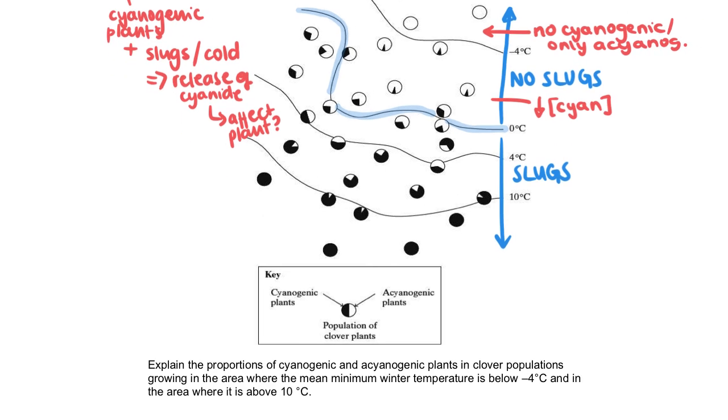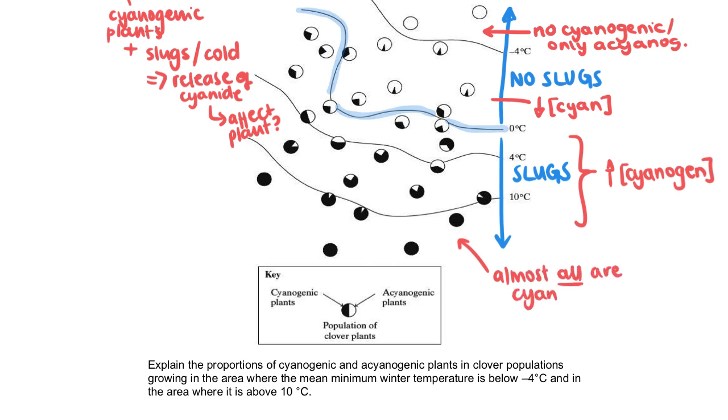And then as our temperature increases, so we start moving from 0 to 4 to 10 degrees Celsius, we see a massive increase in the population that is cyanogenic. Above 10 degrees, I can say that almost all of my plants are cyanogenic. Notice I'm not saying all of them, because this population here and this population here, where I've put the red arrows, still have some acyanogenic individuals.